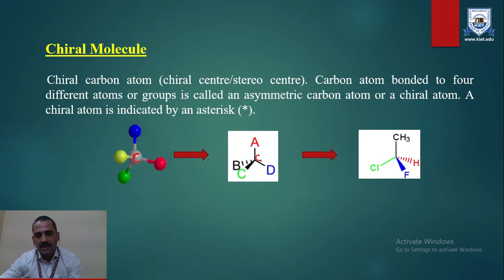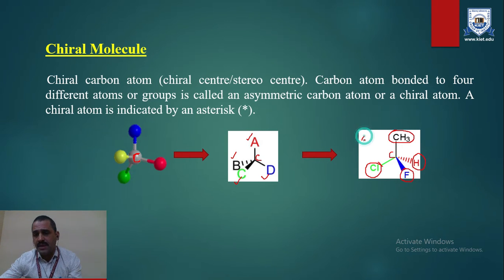Here in the middle there is a carbon, and the different functional groups are shown as A, B, C and D. Finally, we come to a concrete example of a molecule where the central atom is carbon, and you can see the different groups present are methyl, chloro, fluoro and hydrogen. So dear student, that center carbon is a chiral carbon because it possesses 4 different substituents on its valency.